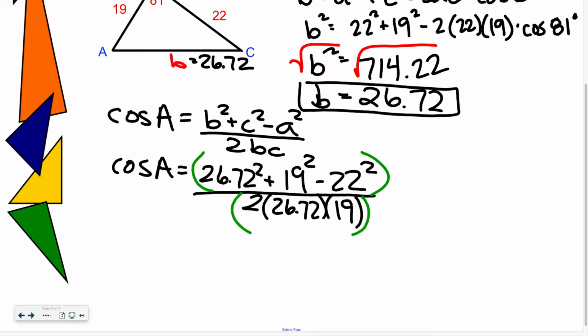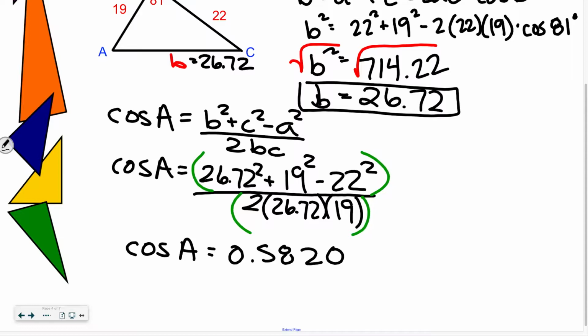I got 0.5820. So if you're not getting that, let me know, or ask your pod members to look at your calculator and see why things aren't going the way you think. 0.5820? Yeah, for right now, that's fine.